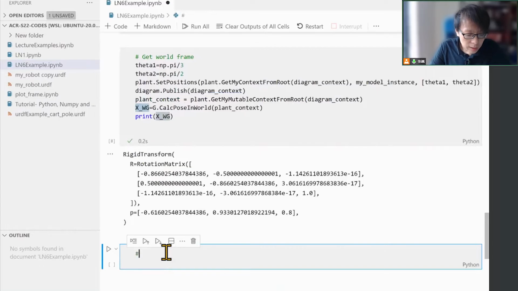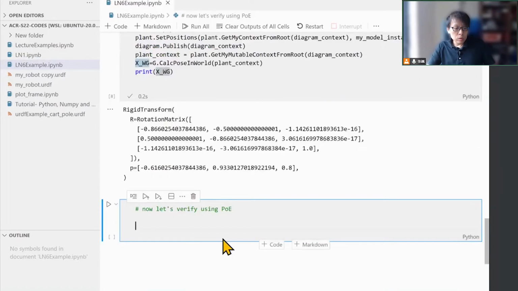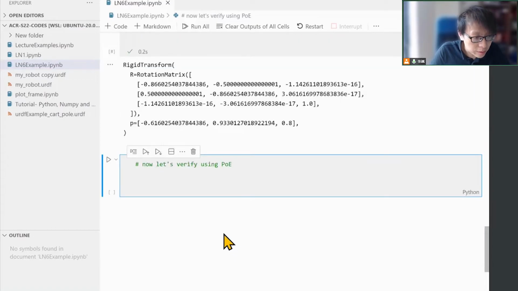Okay, now let's verify using PoE. Use what we have learned so far. How many steps do we need to compute this T_BS at arbitrary theta?